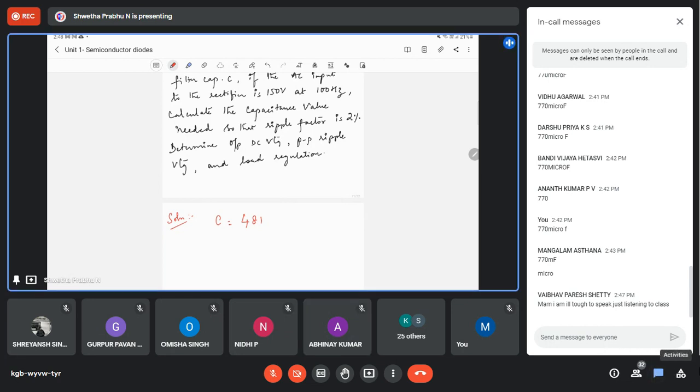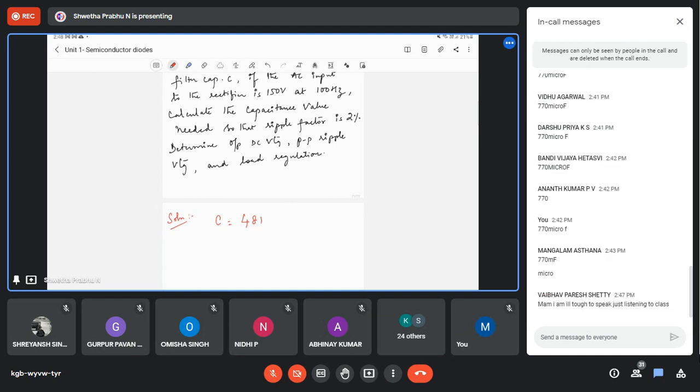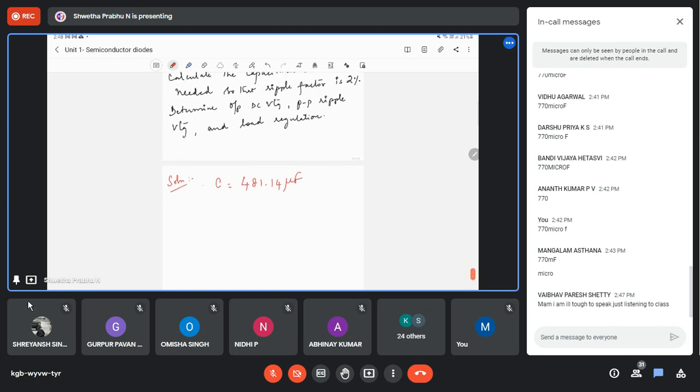You tell me the units. Micro, milli, mega, what? Micro. Where are you placing the decimal point? 481.14 microfarad. Is this the answer? Yes. Next.